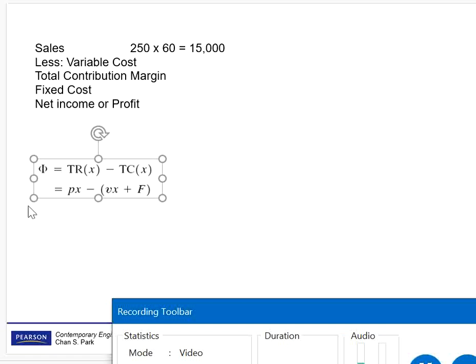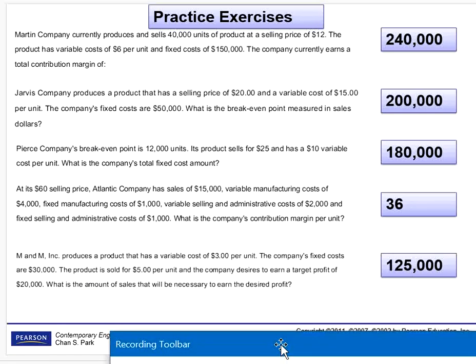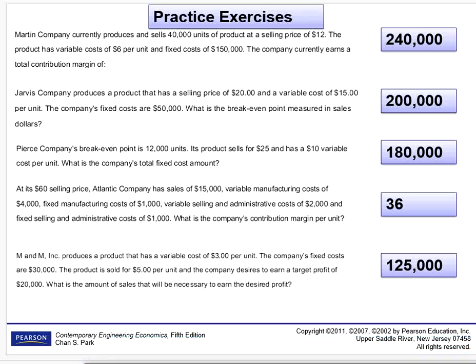Yes, coming back to our question, sometimes we need to earn a target profit and we want to know what our sales should be. So this was the question basically here. Now if you want to earn a target profit of 20,000, what should be the sales? Basically it's easy, not difficult.